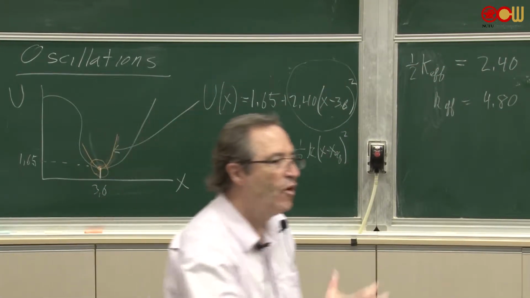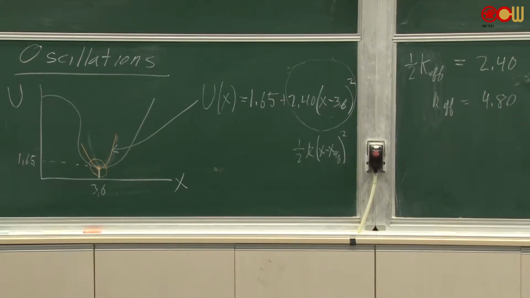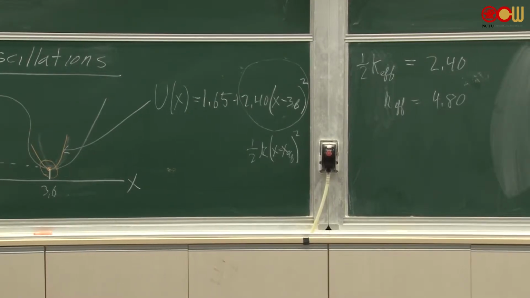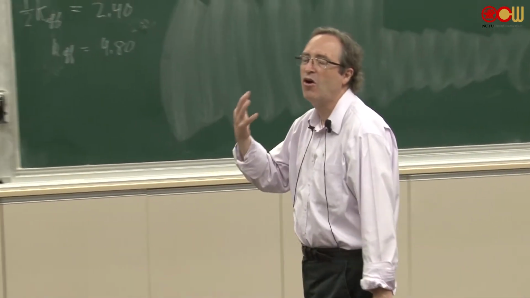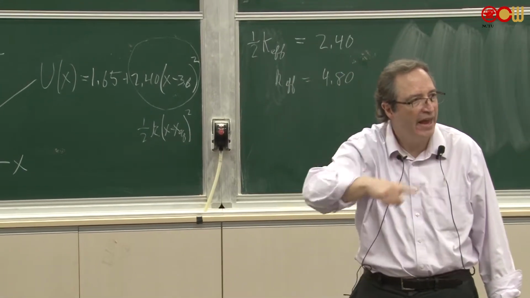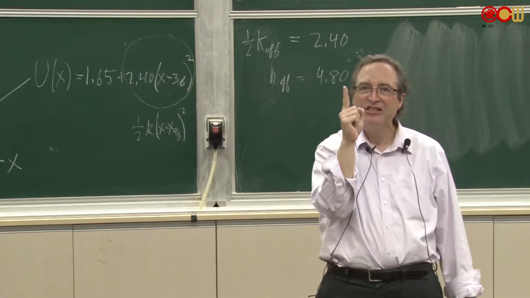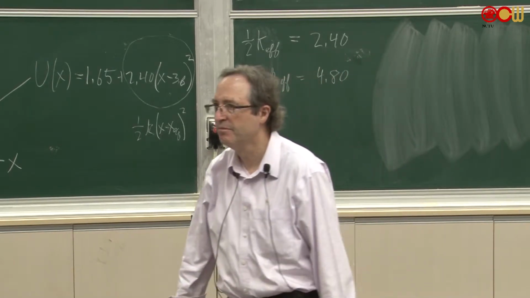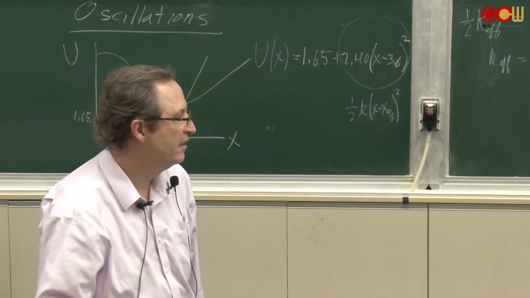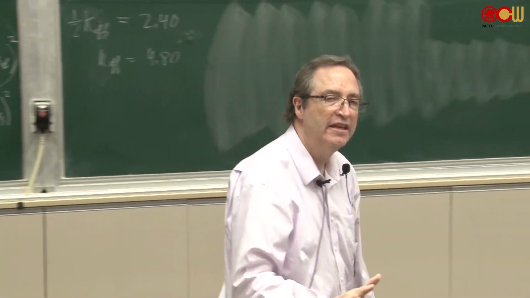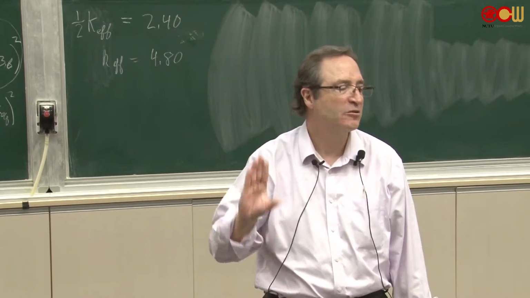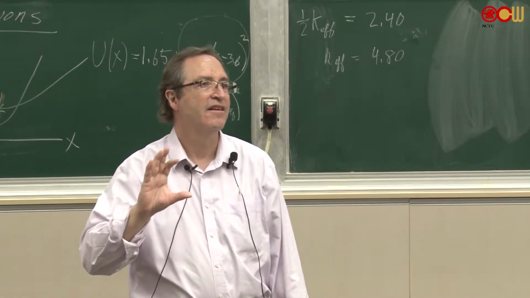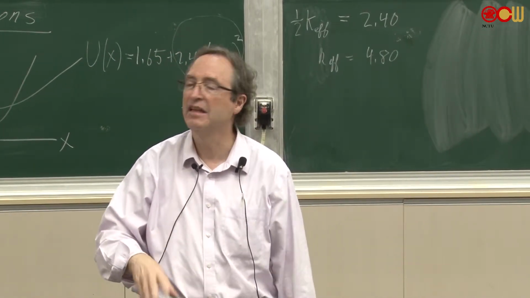So whenever you have an equilibrium spot, almost always, there's a few very odd cases where it's not true, but almost always you can fit a parabola there, and therefore small oscillations are just like the spring. Okay? And it's for that reason that we want to treat and discuss the spring in some detail. Because we can use the results we get from that in lots of other problems.